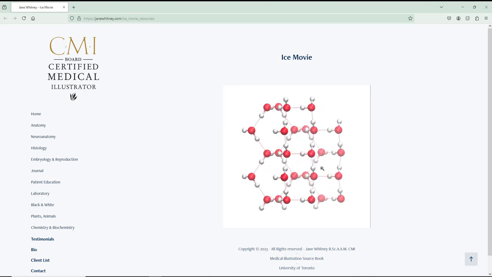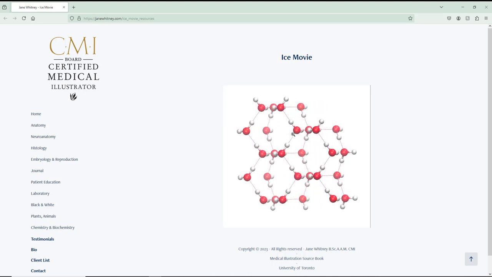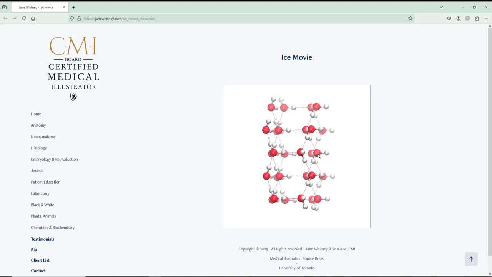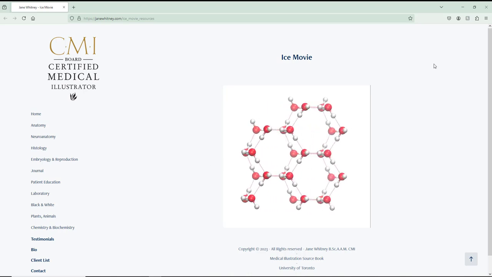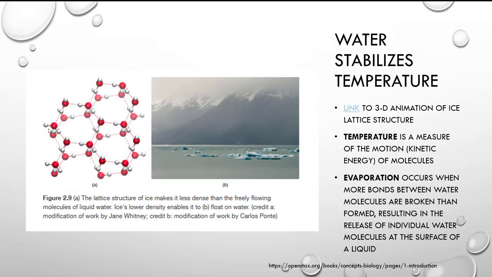So ice is less dense than liquid water, and this explains why the ice you see here is floating on top of the lake. That's a good thing, as the video talked about how it can create an insulating factor for aquatic life underneath during the wintertime.